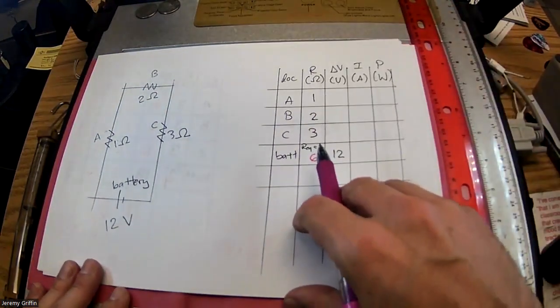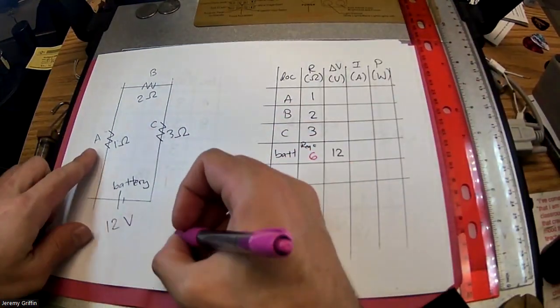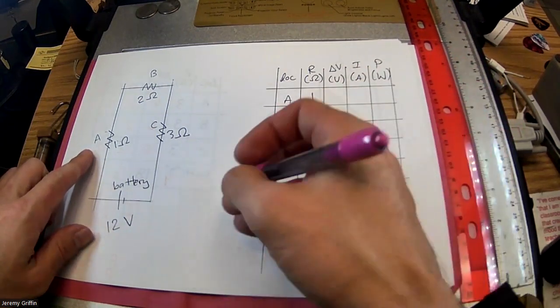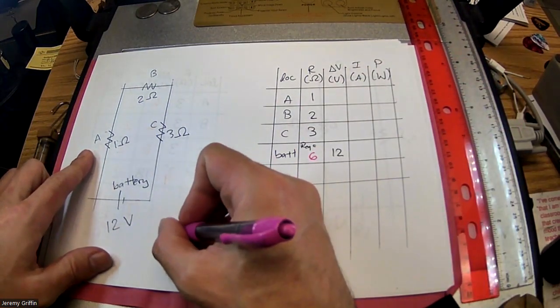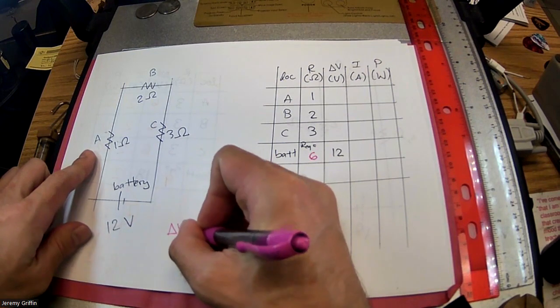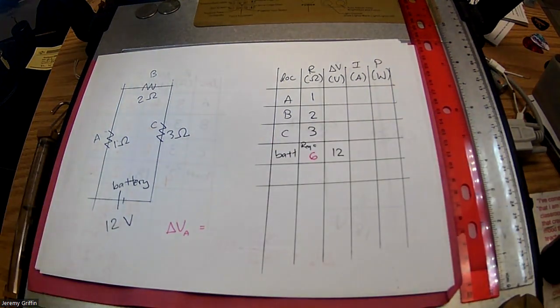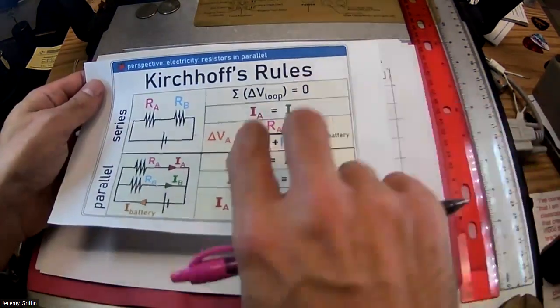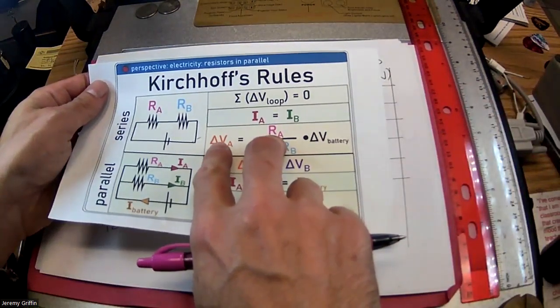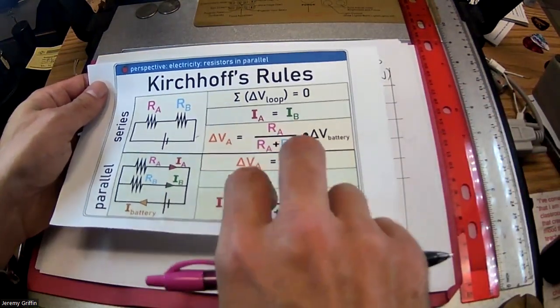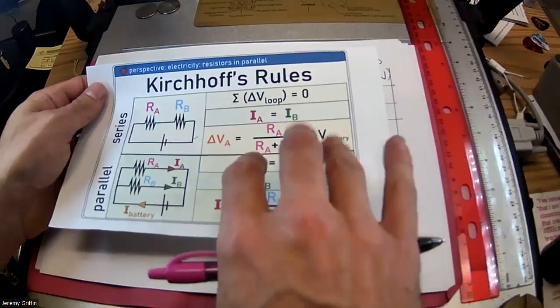Now this one's a little trickier than the last one we did. Let's see if you guys can figure it out before I get to the answer, but I'll go over it with you right here. So the voltage drop across resistor A, for example. I'm looking at this rule right here. The voltage drop in series is proportional to each resistor. In parallel, the voltage drop is the same everywhere, but we're not there yet.